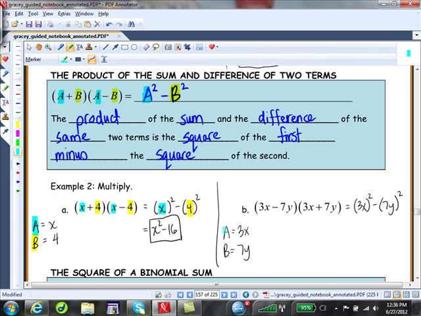So here's all our parts. Okay, so what are we going to get here? Is it going to be 3x squared minus 7y squared? No, it'll be 9x squared, because it's 3x times 3x, minus 49y squared. And we're done.